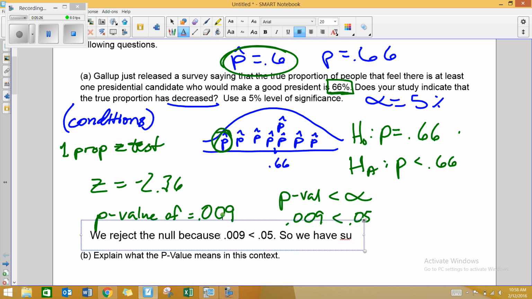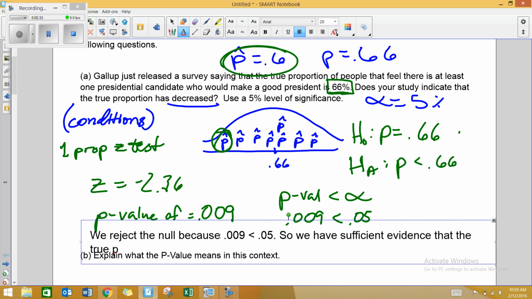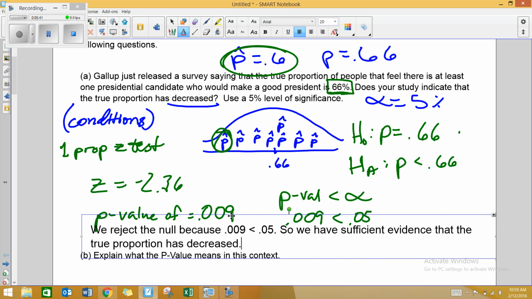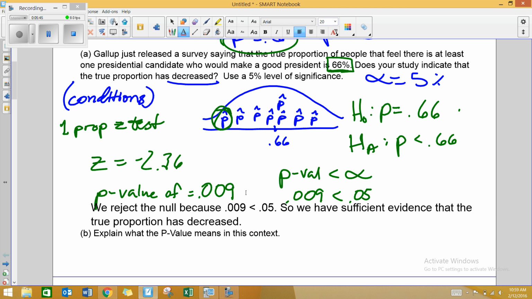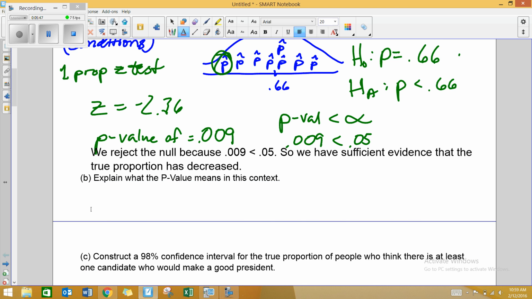So we have sufficient evidence that the true proportion, so whatever our alternative was, the true proportion has decreased. And there we go. We've got our one proportion z test. We conducted a hypothesis test. Okay, explain what that p-value means in context.